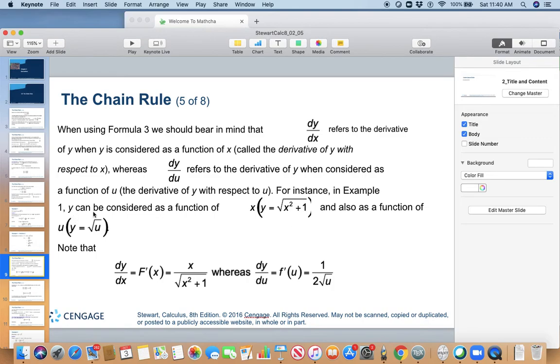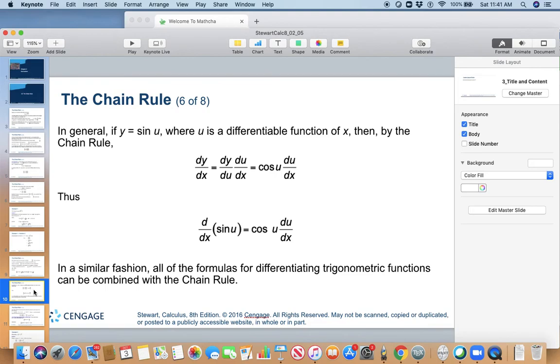Y may be considered a function of x like this. Y also could be a function of u like this. So the derivative of y with respect to x is this quantity, the final answer, whereas the derivative of y with respect to u is simply this. All right. So in general, let's come to this page in the next video.